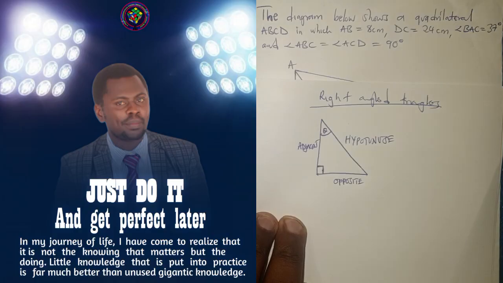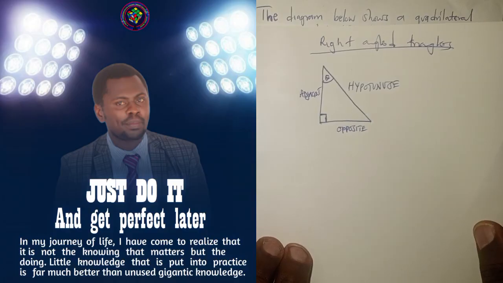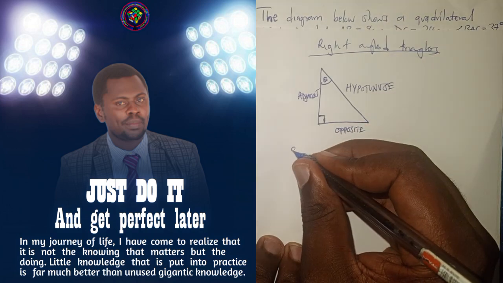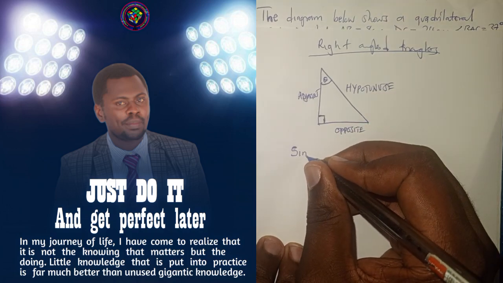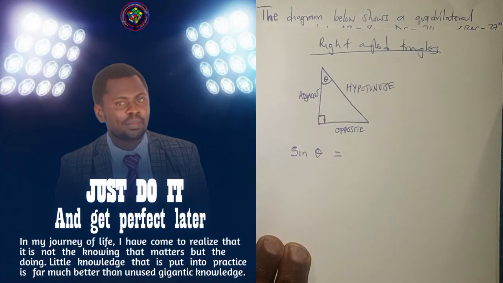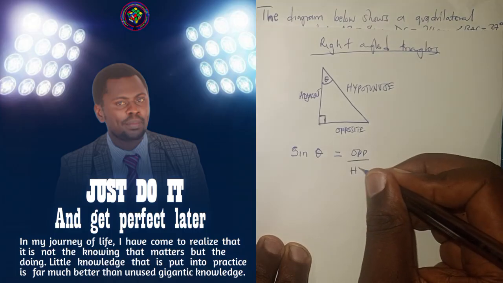Now, according to right-angled triangles, we have three trig ratios which we need to apply to calculate either angles or sides. The trig ratios are sine, cosine, and tangent. For sine, according to this angle theta, sine of theta is equal to opposite over hypotenuse.